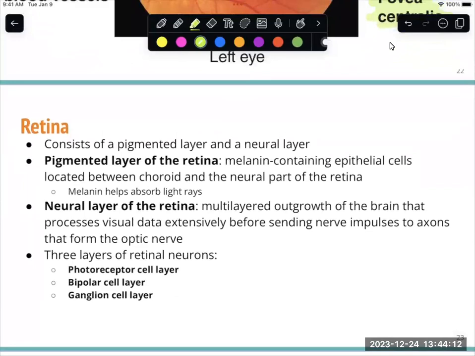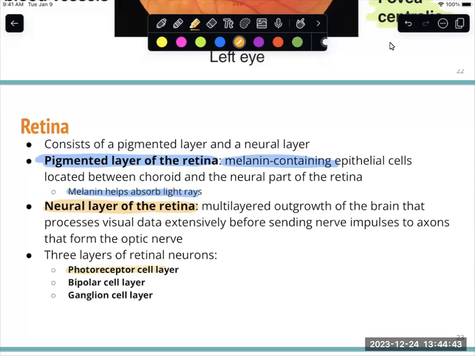So in this retina, we're going to have a pigmented layer again, because we've got more melanin containing cells, because we need help absorbing light rays. Then we also have the neural layer. This contains the different types of neurons that are going to allow us to see.